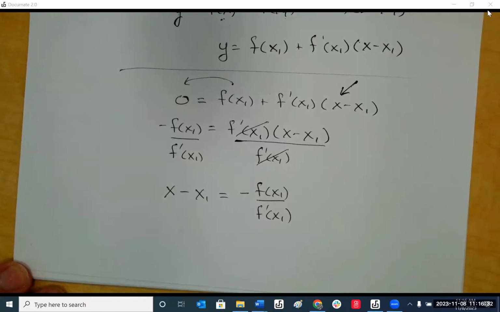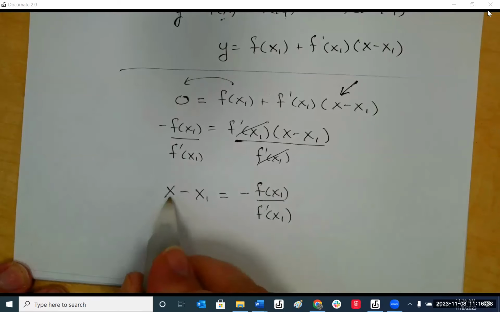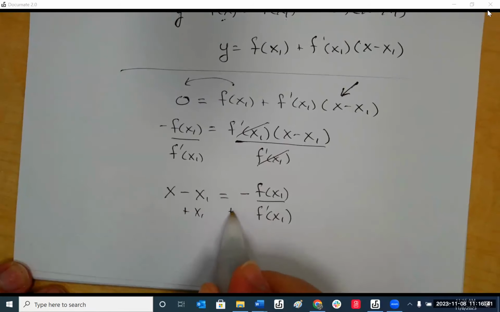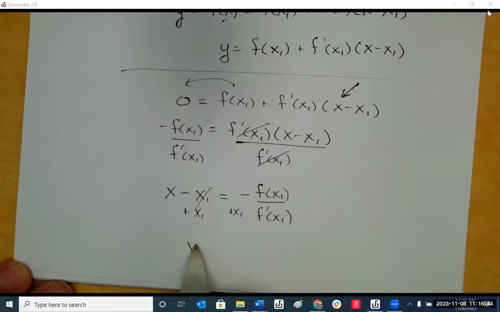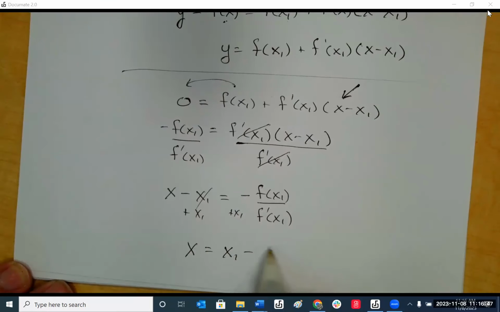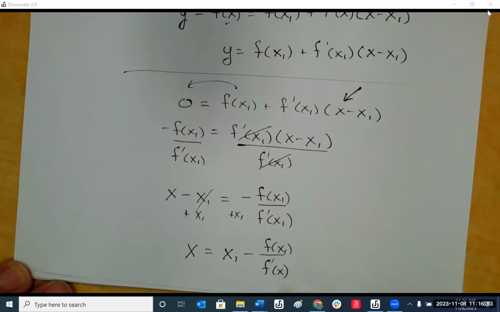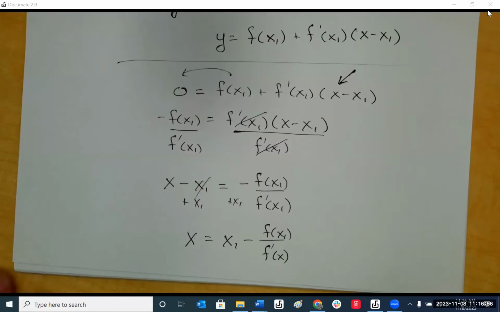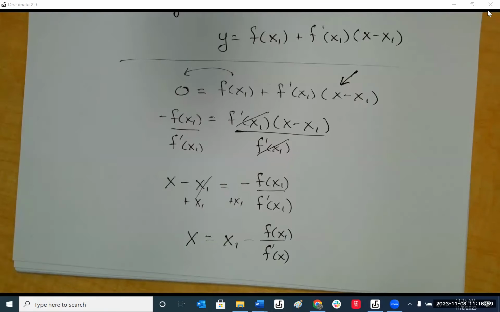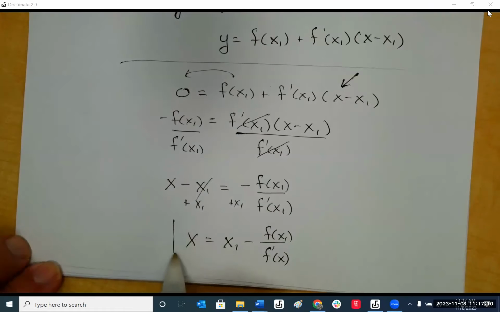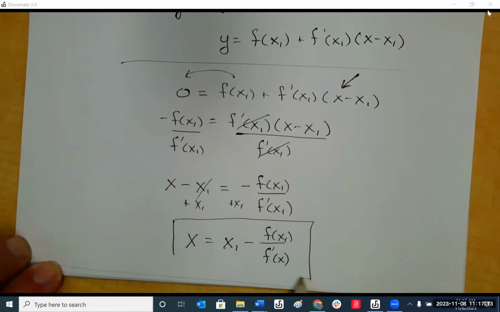What's my last step? I have to add x sub 1 to both sides, right? So this is the formula for my x values.